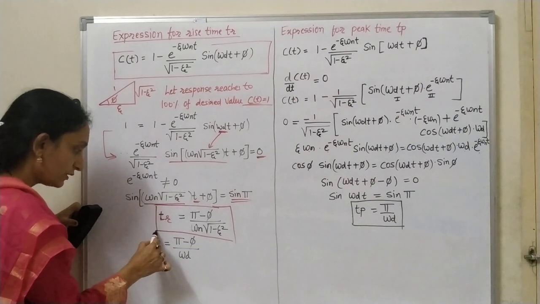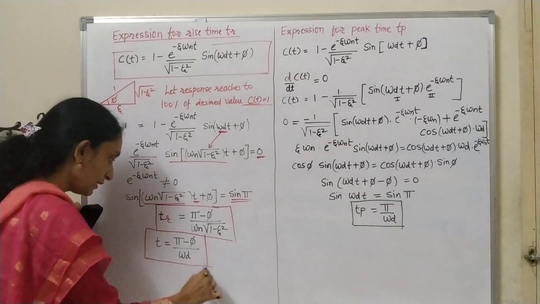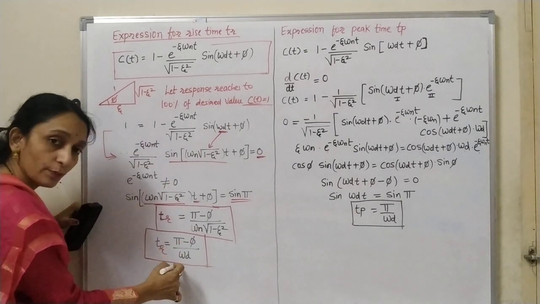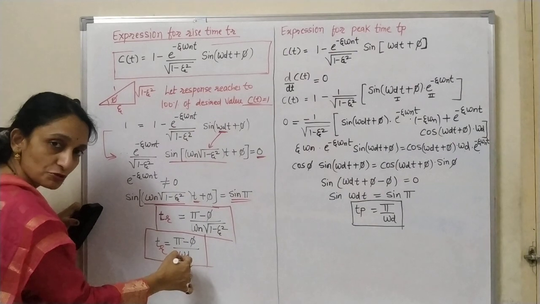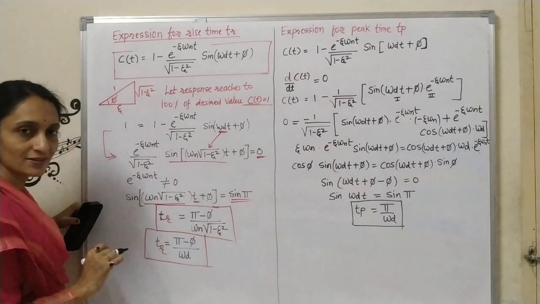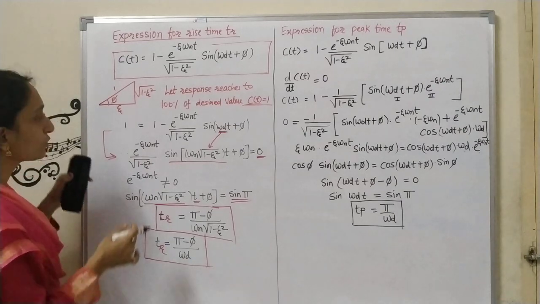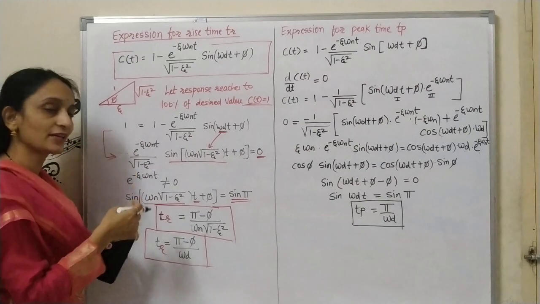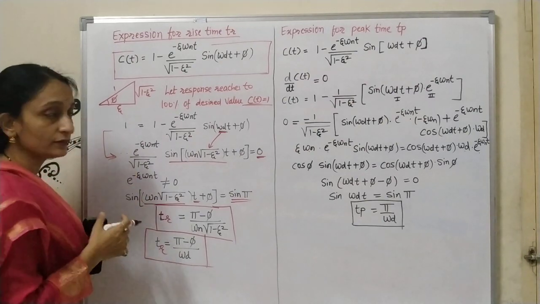So TR is equal to pi minus phi by omega d, or you can substitute omega d as omega n under root of 1 minus zeta square. So this is the expression for rise time TR. I told you that this can be asked for deriving.